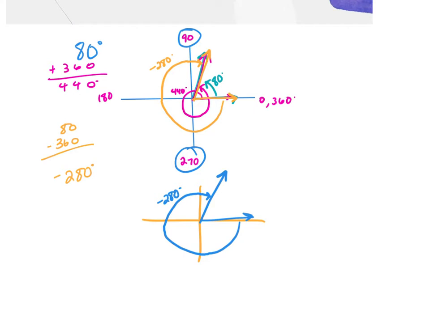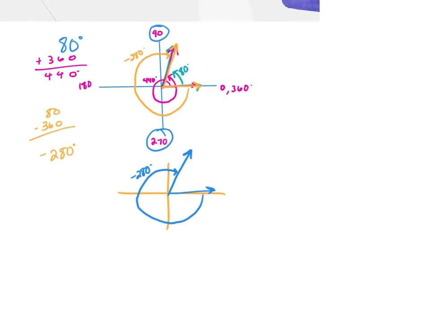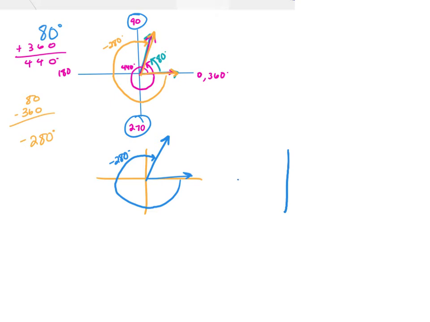Okay, so that's one way to do a negative. I'll show you one more way because sometimes it's more helpful. The other way to draw a negative is to draw it as though it's positive. So if I wanted to draw a positive 280, I'd go from here, 90, 180, 270, just past it. That would be a positive 280. And then fold your graph in your mind like a hamburger, top to bottom along the x-axis.